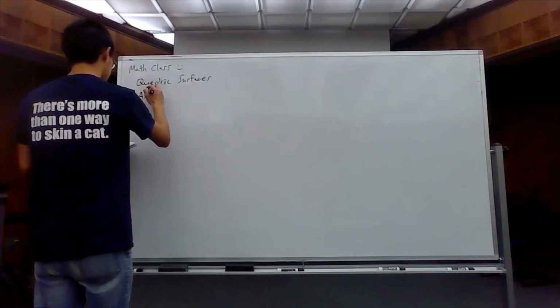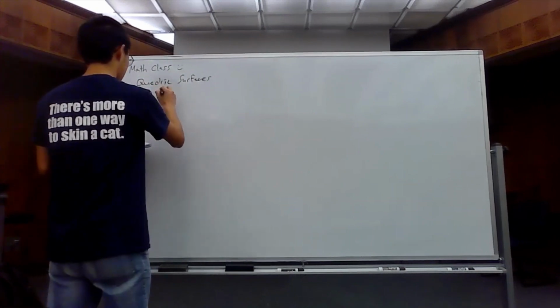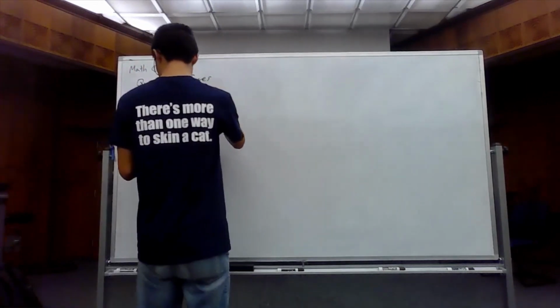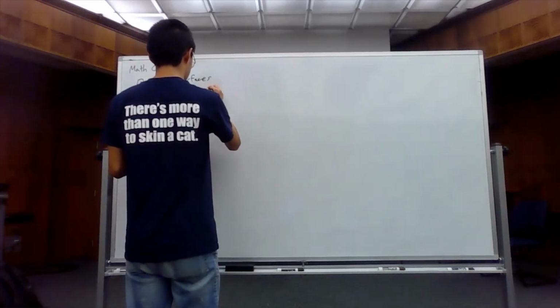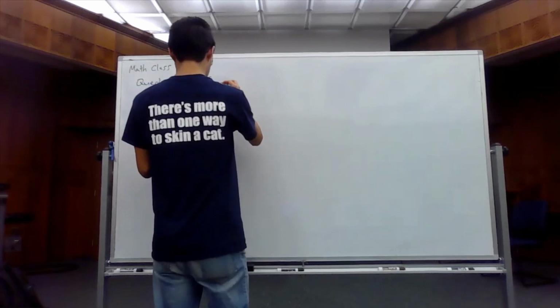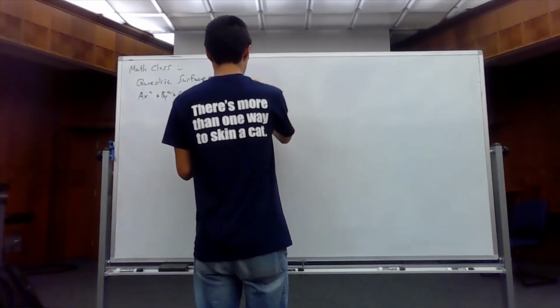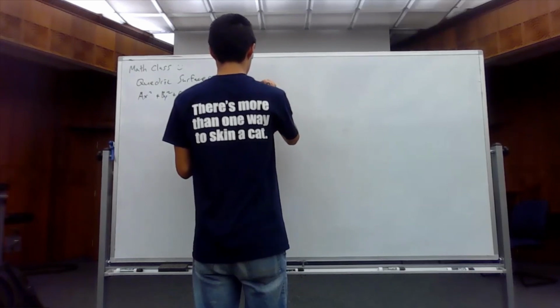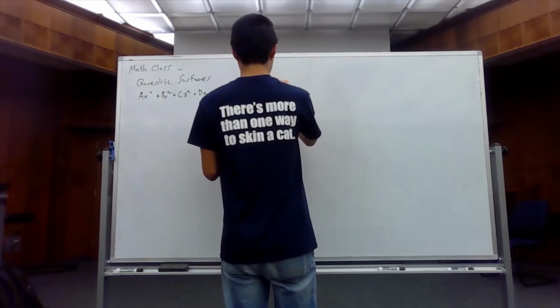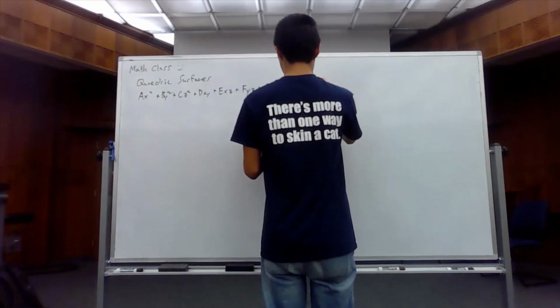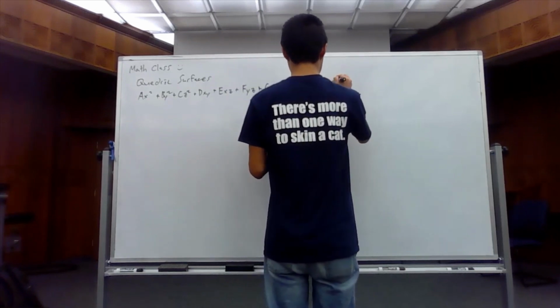This is gonna be ax squared plus by squared plus cz squared plus dxy plus exz plus fyz plus gx plus hy plus iz plus j, all of this equal to 0.